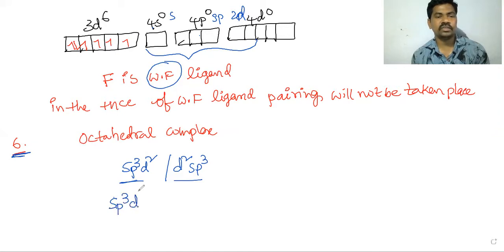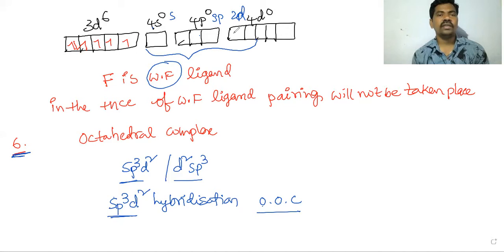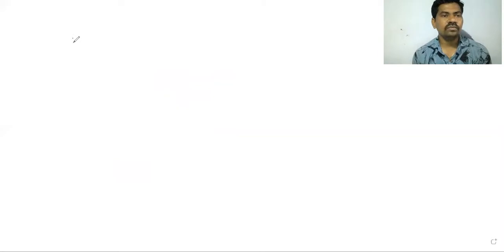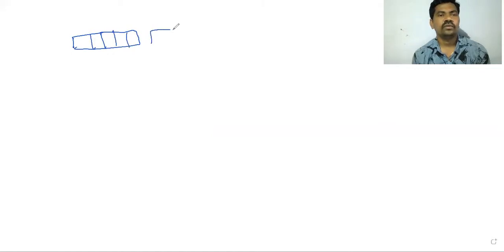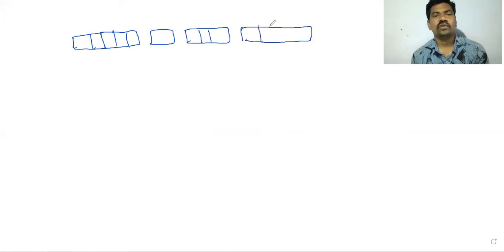What is the hybridization? sp3d2, because it is an outer orbital complex, OOC, since outer orbitals are used in this coordination compound. So this is the 3d level, 3d6, 4s0, 4p0, then 4d0.